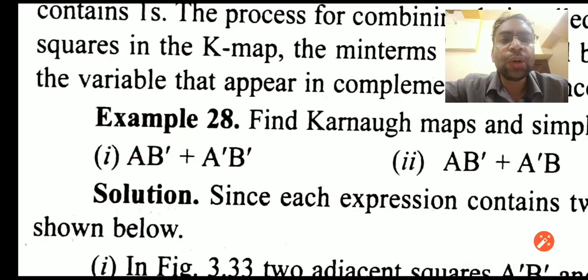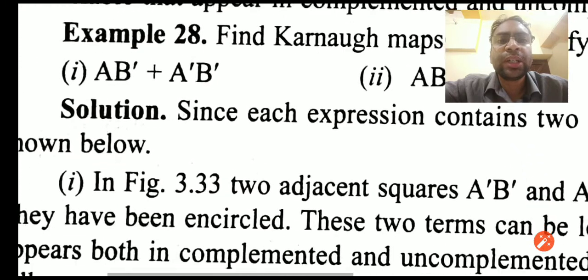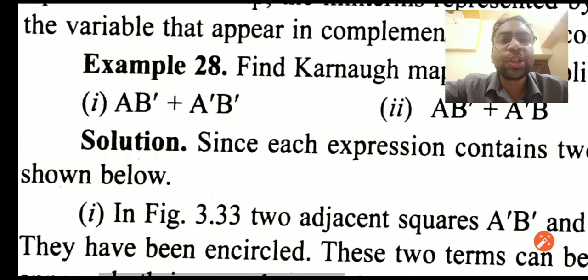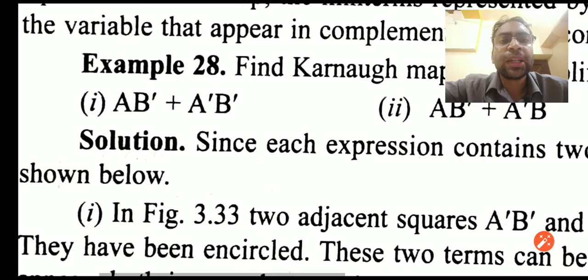Now let us see how we can form the Kmap of this expression, and from the Kmap how we can evaluate the simplified expression. So now let's go to the Kmap. Just remember the expression is ab bar plus a bar b bar.